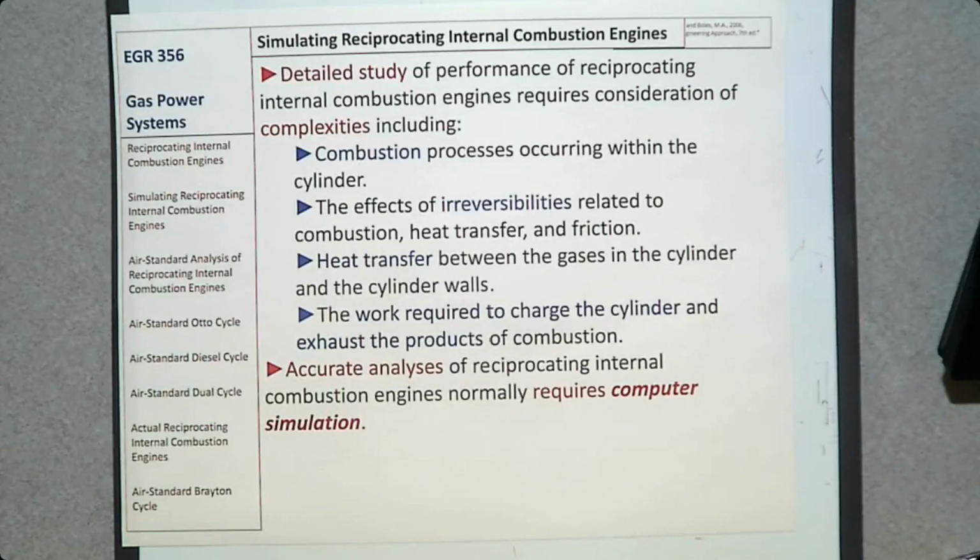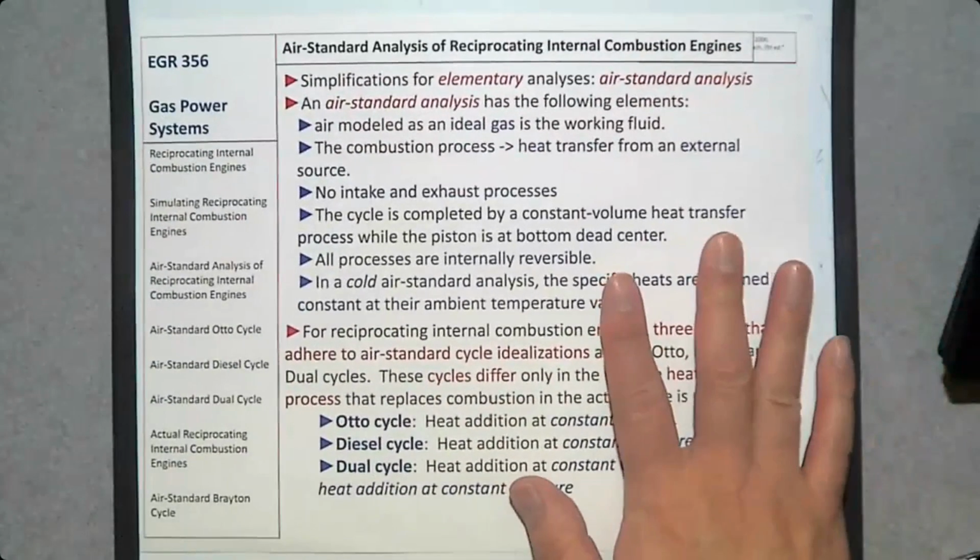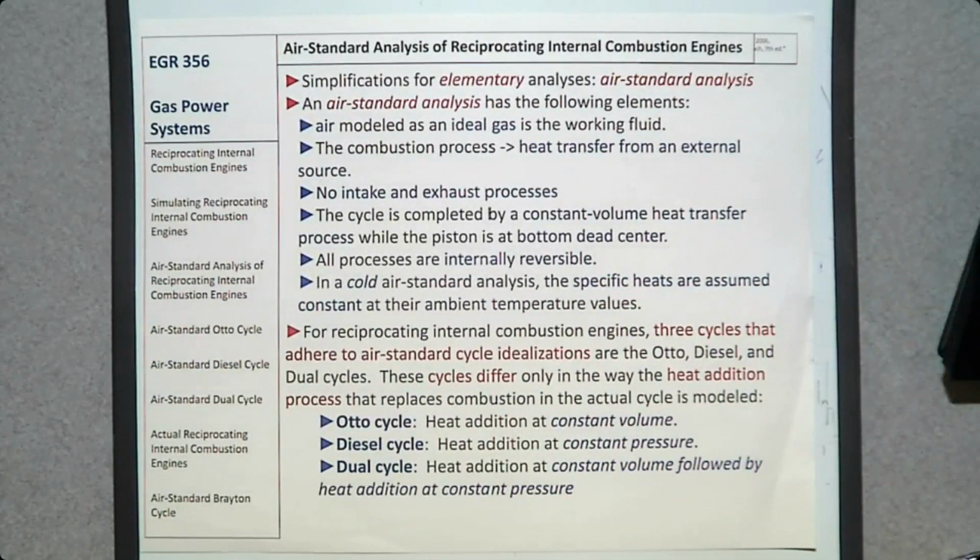So we usually require computer simulation. So what are we going to do? We are going to use a simplification of reciprocating internal combustion engines that is called air standard analysis. And we are going to study air standard analysis after we come back from Thanksgiving.